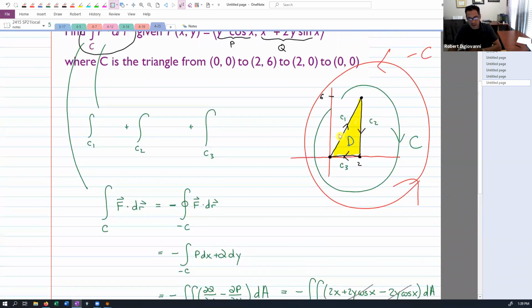I hope it's easy for you to see that for this region, x is stuck between 0 and 2, and the y values are stuck between the ground, 0, and this line right here. This line has the equation y equals 3x, because the rise is 6, run is 2.